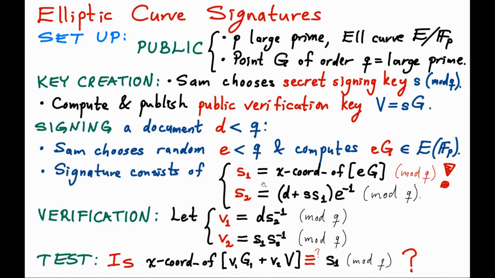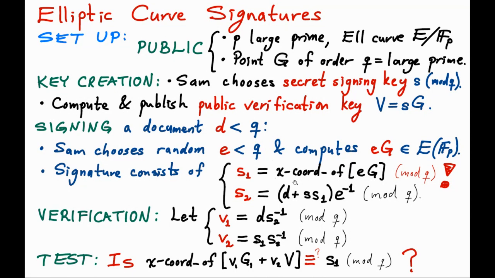But at this point, in computing S1, the first part of the signature, you could really just take S1 to be the x-coordinate of EG. The x-coordinate of EG naturally is an element modulo P, right? That is the key thing to realize: this x-coordinate of EG is naturally an element of F_P, just because this is a point on an elliptic curve over F_P.